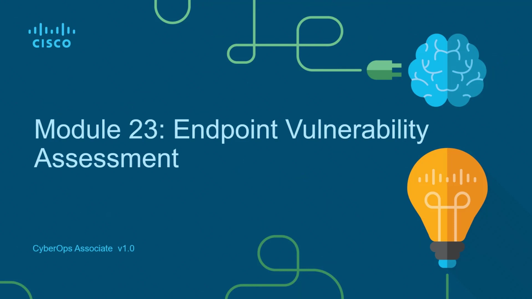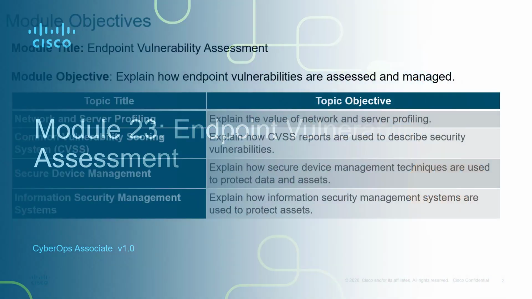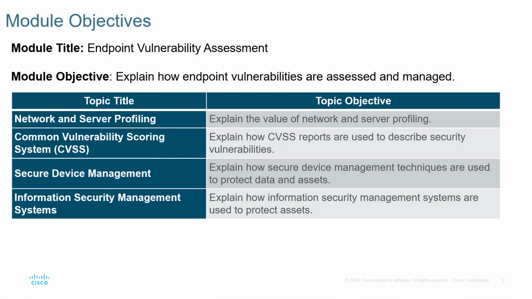Module 23, Endpoint Vulnerability and Assessment. In this module, we are looking specifically at the assessment of vulnerabilities for our endpoints. That means understanding how the vulnerabilities are going to be affecting them. Looking at things like the Common Vulnerability Scoring System, the CVSS.